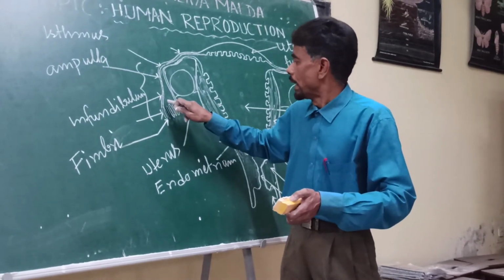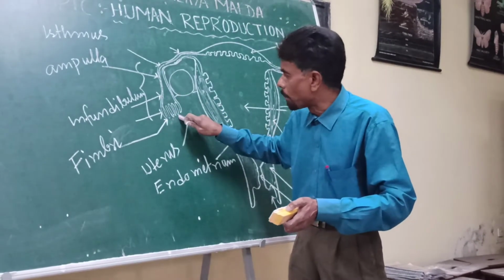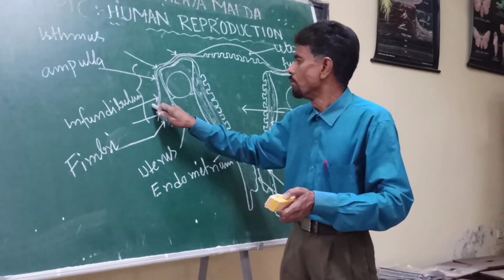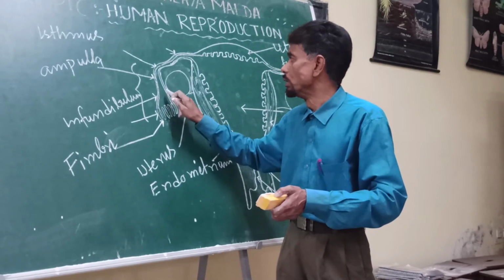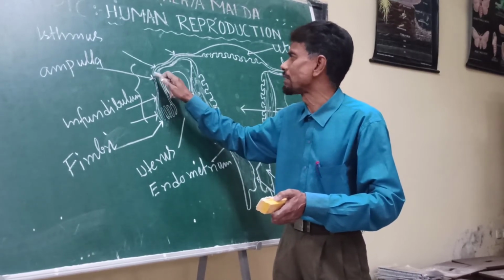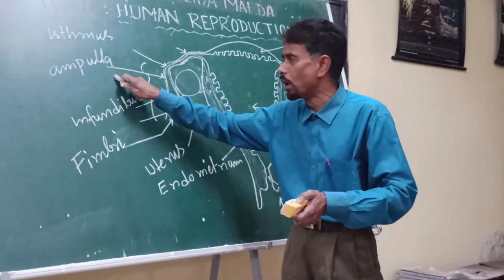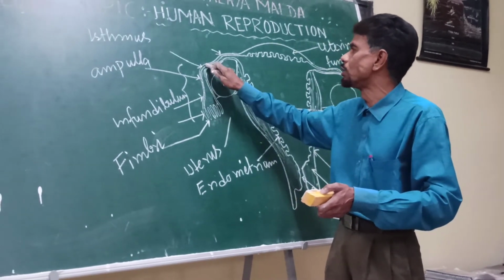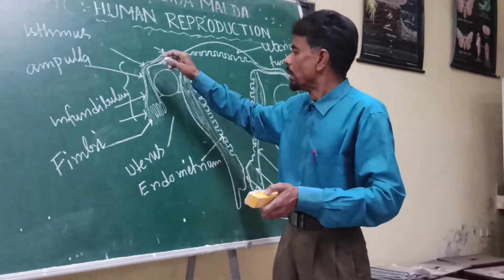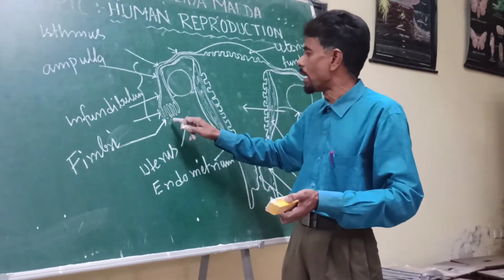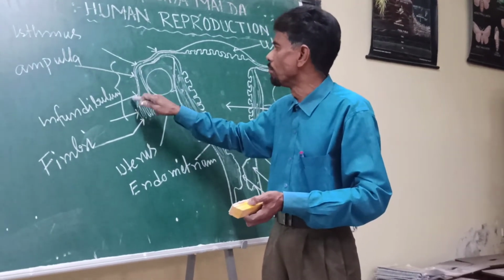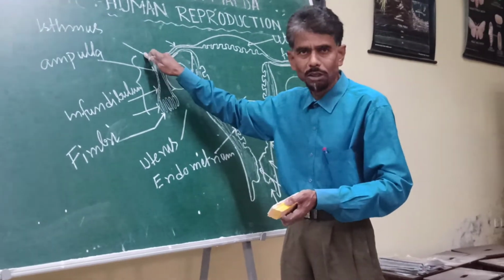The extreme lower part, a funnel-like structure, is called the infundibulum, which ascends to form a slightly elevated structure called the ampulla, and the ampulla leads to the isthmus. So the fallopian tube, otherwise called the oviduct, has three parts: infundibulum, ampulla and isthmus.